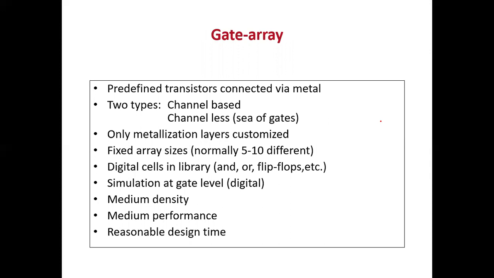This is predefined transistors connected via metal. Two types of gate array are there: one is channel-based, another is channel-less. Channel-less sea of gates is present. Only the metallization layer is customized. Fixed array size, normally 5 to 10 different. Digital cells are in a library, like AND or flip-flop.